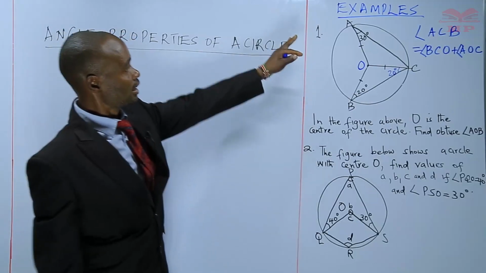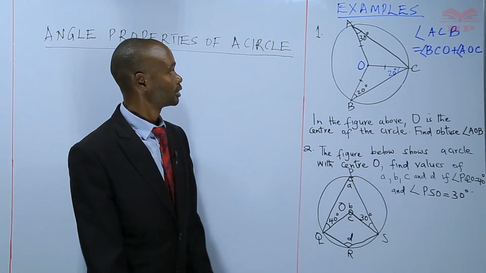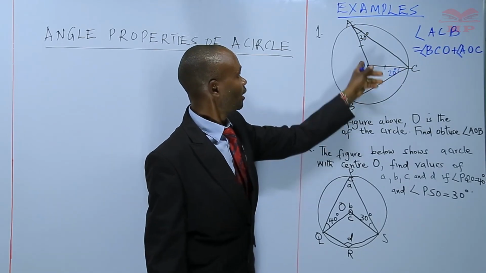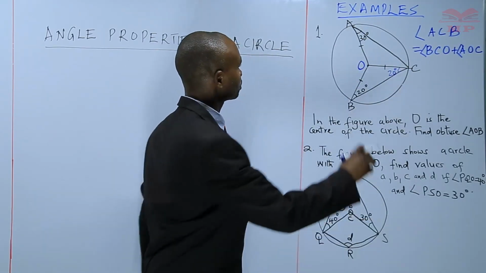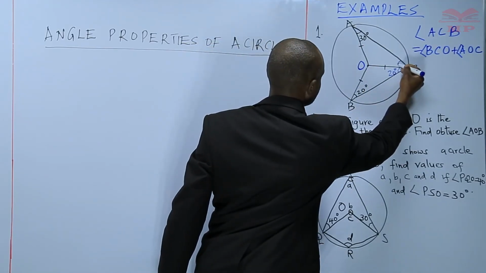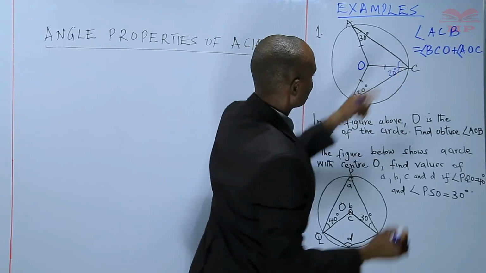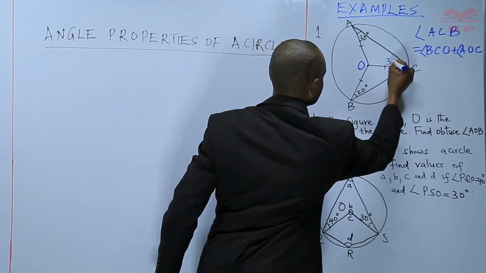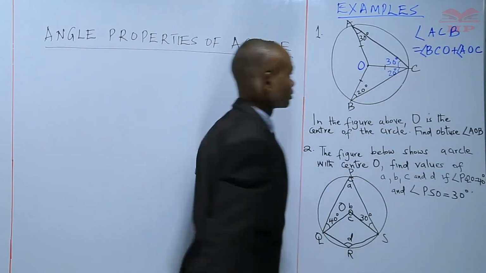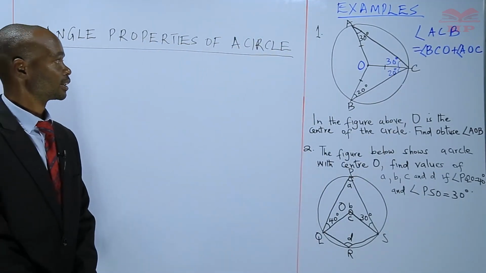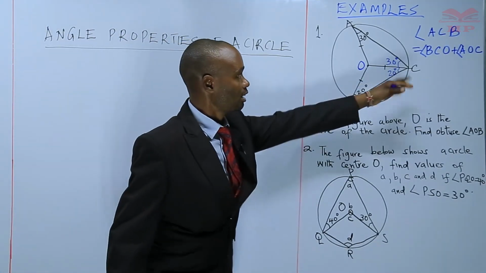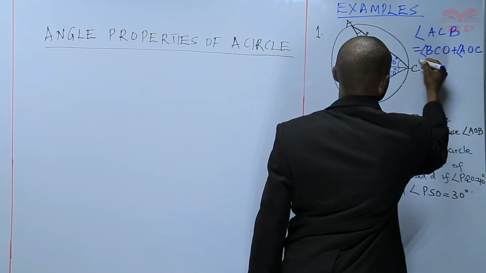And if you look at the other isosceles triangle, the value of OAC will be equal to the value of ACO. So it goes without saying that this angle here is 30 degrees. So we should now have got the value of ACB.